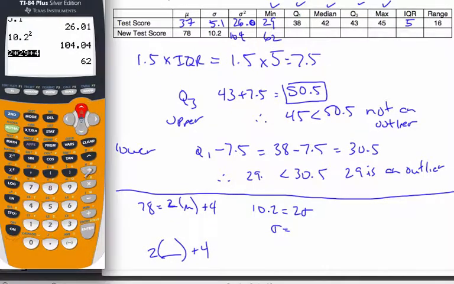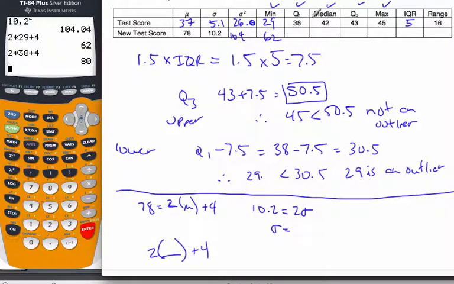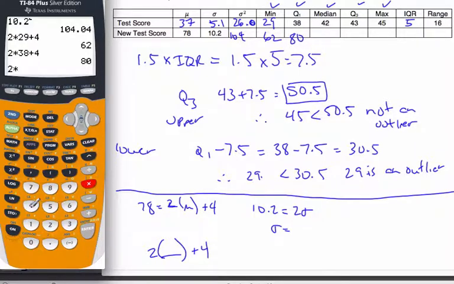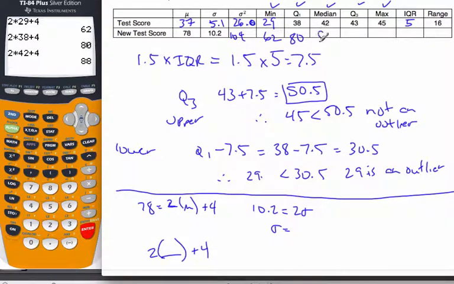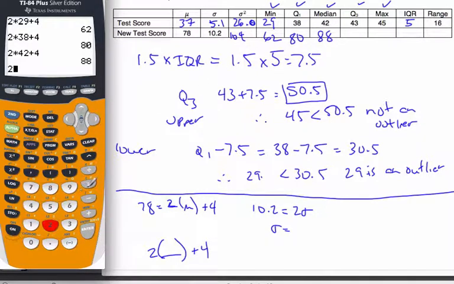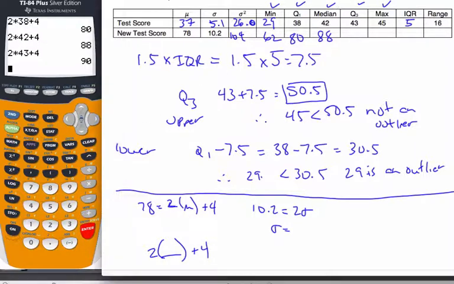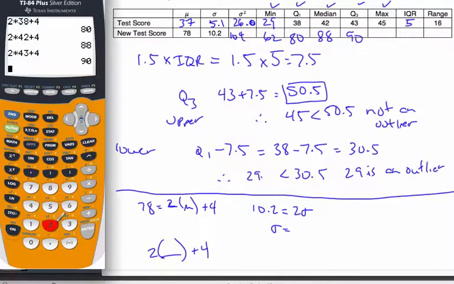I could now change this to 38 and make this 80. I could go 2 times 42 plus 4, 88. And 2 times 43 plus 4 gives me 90. And finally 2 times 45 plus 4 gives me 94.